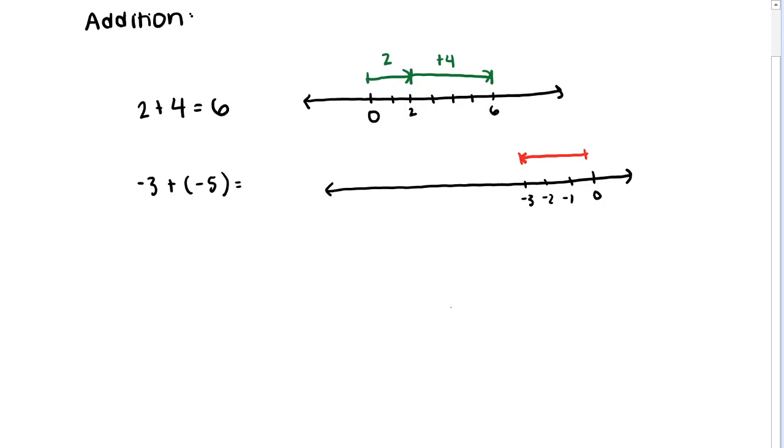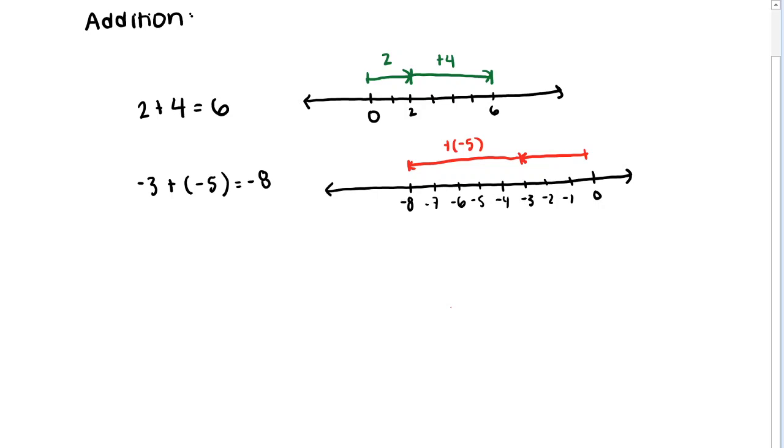And adding on -5 is going to shift me 5 units to the left, right? Adding on 5 shifts me 5 units to the right. Adding on -5 ought to shift me 5 units to the left. So here I'm going to write down 5 units further left. Here's -4, -5, -6, -7, -8, right? 5 units further to the left lands me at the number -8 on this number line. Okay, so this is plus -5.